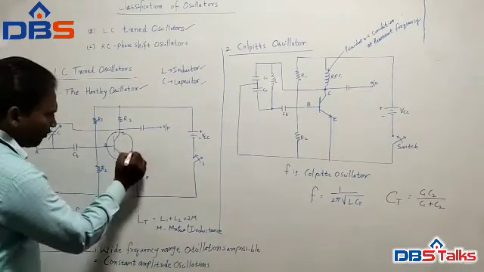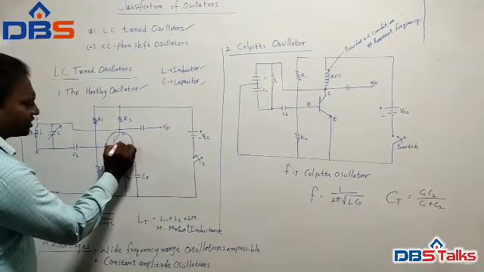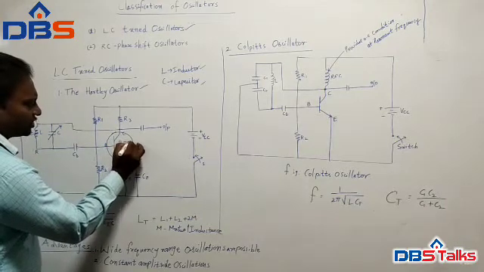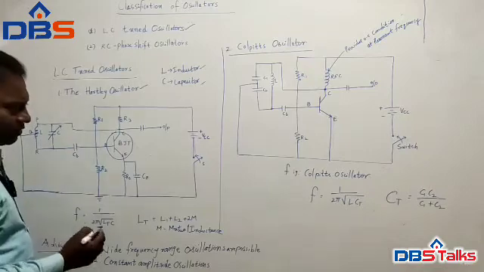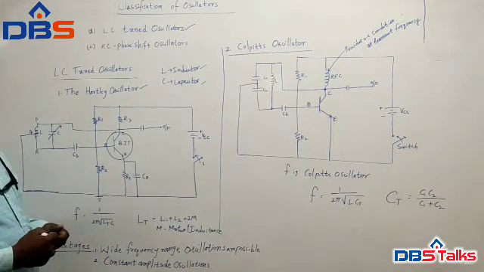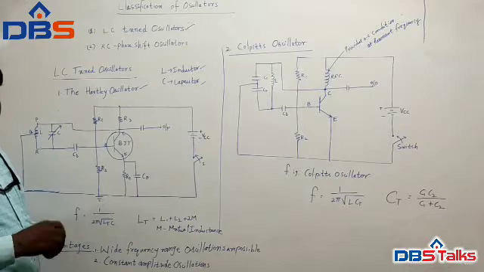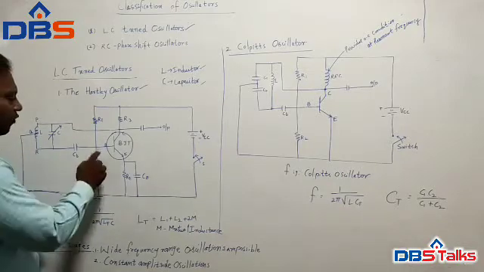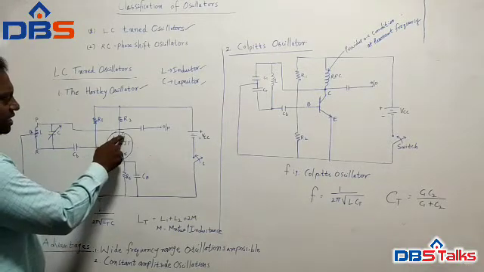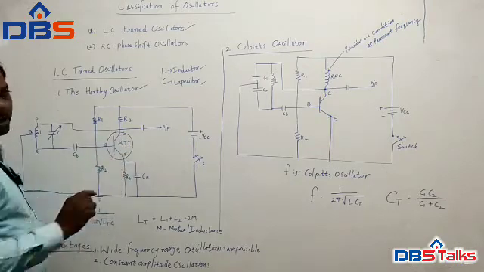Now we have a bipolar junction transistor, BJT, and we know that a transistor has three important terminals: B for base, C for collector, E for emitter.